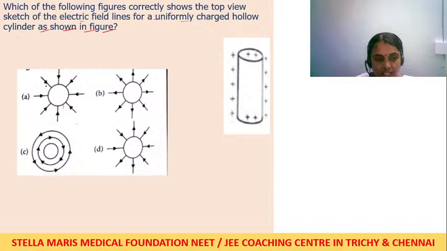So which one will represent the outward field? So option B is the answer. Okay, option B is the answer. Did you understand? Shall we move on to the next one?